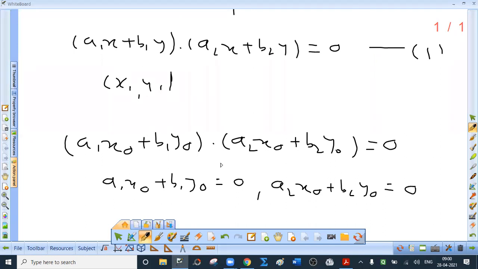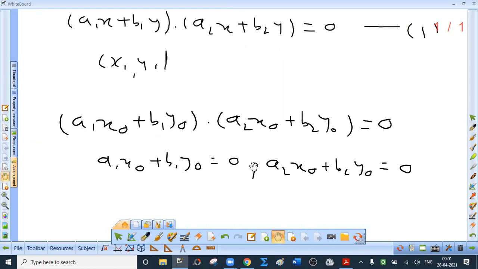Therefore, any point on the locus 1 lies on the first line or on the second line or on both the lines. So the conclusion is equation 1 represents both the lines jointly. That is, equation 1 is the joint equation of pair of lines. I hope that this is clear to you.